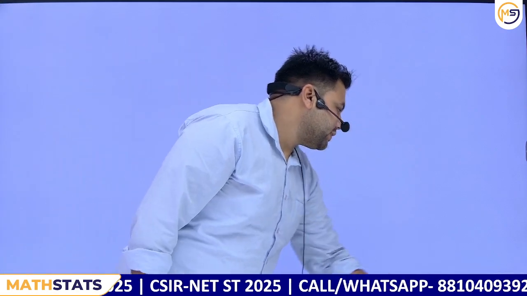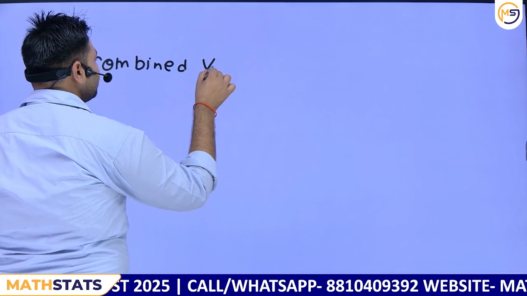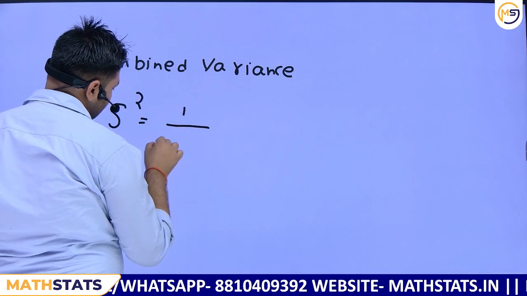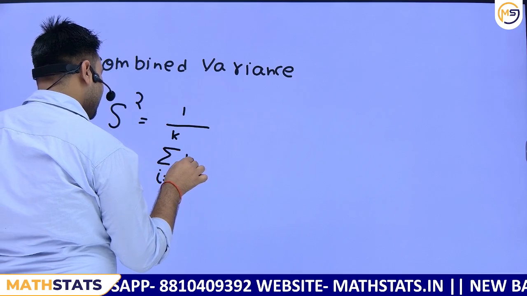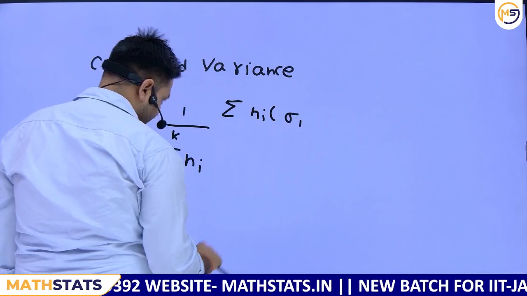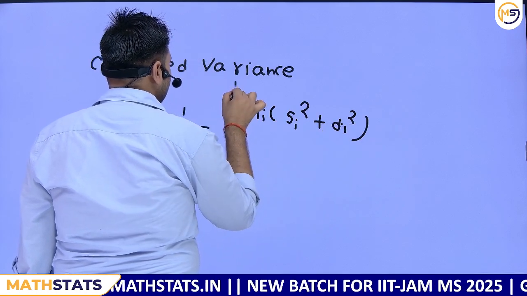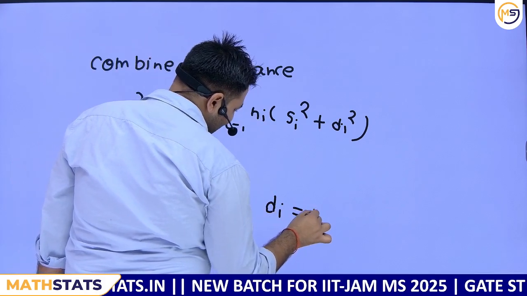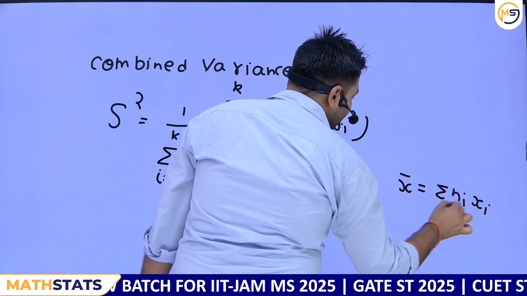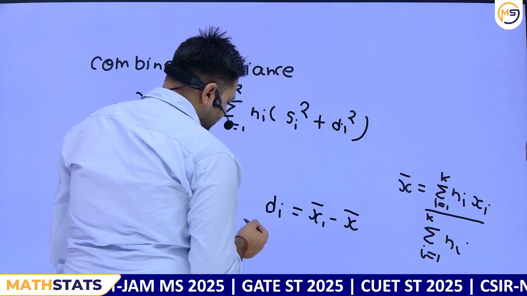So what is the combined variance of these series? s square is equal to 1 upon summation ni, i equal to 1 to k, times summation ni times si square plus di square, i equal to 1 to k, where di equal to xi bar minus x bar, and x bar equal to summation ni xi divided by summation ni, i equal to 1 to k.